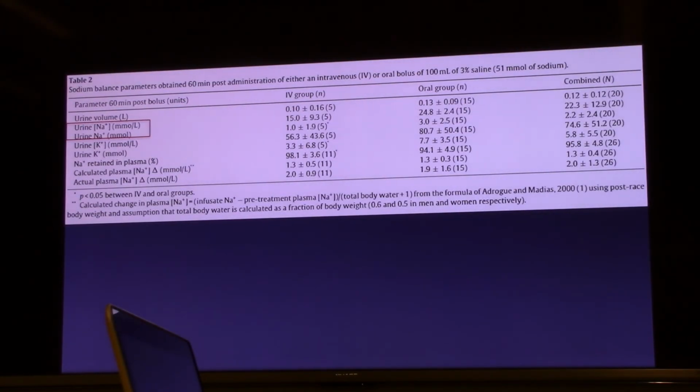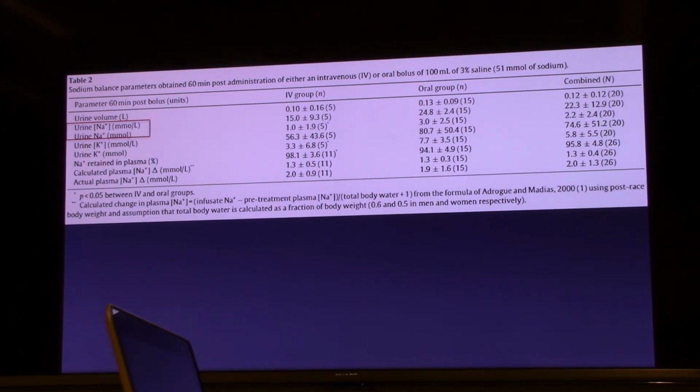This is the second table in the study, showing some of the urine measurements. I thought it was interesting that the oral group demonstrated more sodium excretion in the urine, which basically means that the IV group held on to more sodium in the blood.